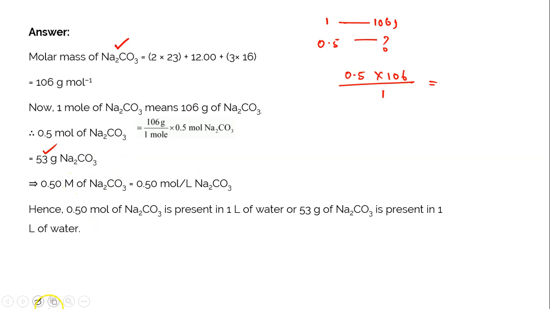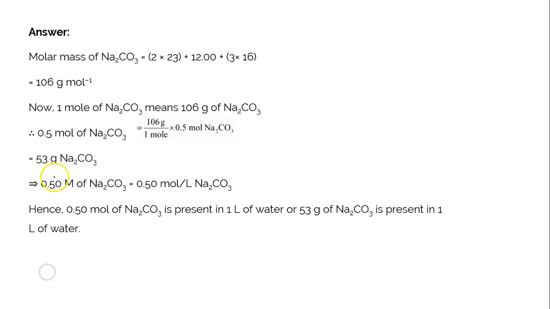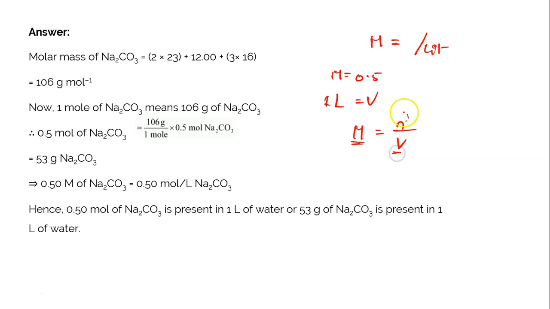And the second part, they are talking about molarity. 0.5 is molarity. Fine. And we already know that molarity is spoken per 1 liter. Correct? So if I say 0.5 is the molarity of a solution, I mean to say the volume of the solution is 1 liter. So you know molarity and volume, and I told you that molarity is equal to N by V. Can we substitute molarity and volume to identify number of moles? Absolutely we can.